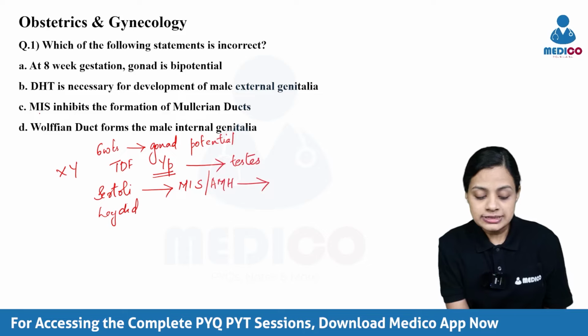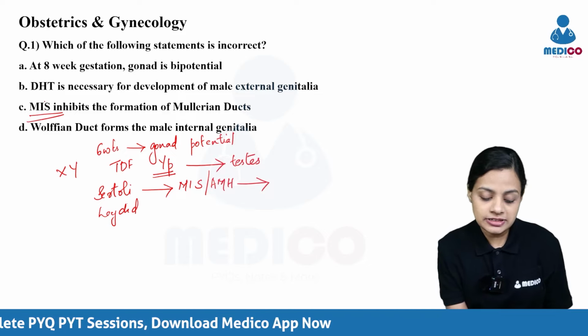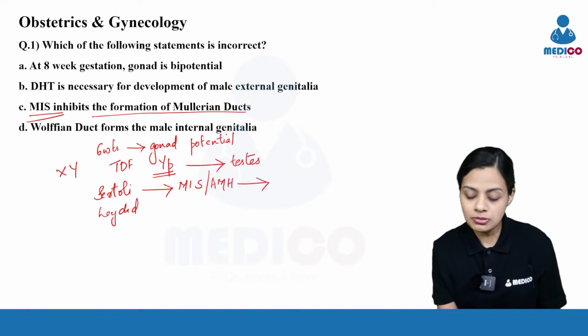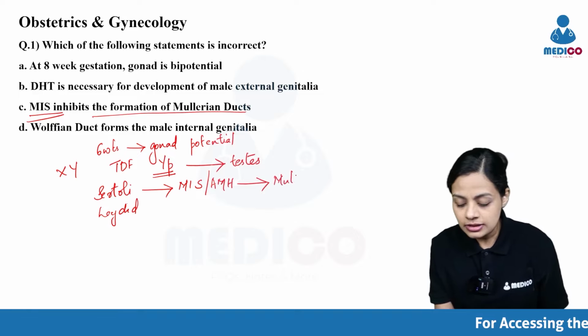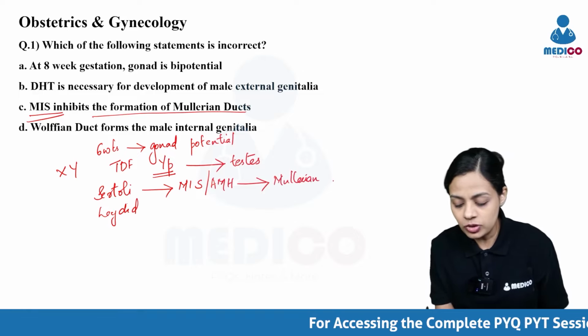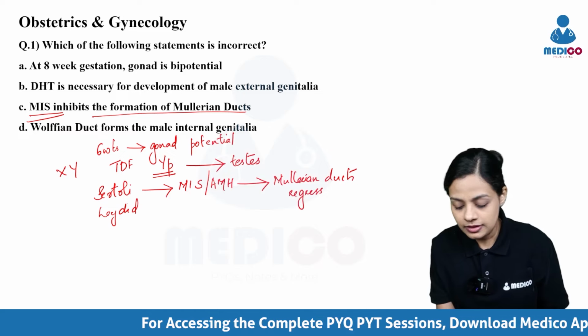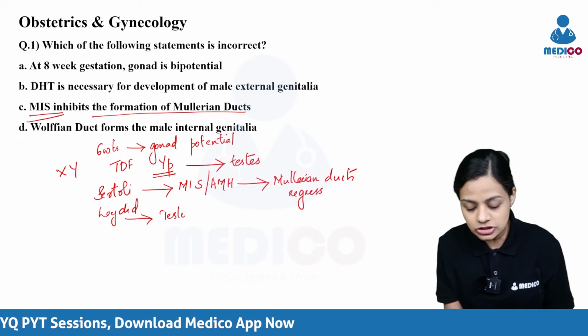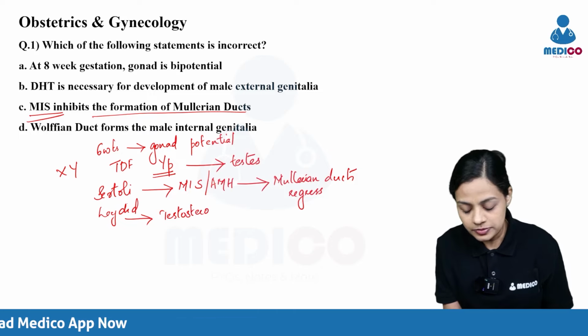What does this do? See, it is right there in the name itself. It is a Mullerian inhibiting substance. It inhibits the formation of the Mullerian ducts. It causes the regression of the Mullerian ducts. Meanwhile, the Leydig cells produce testosterone, which is the male hormone.